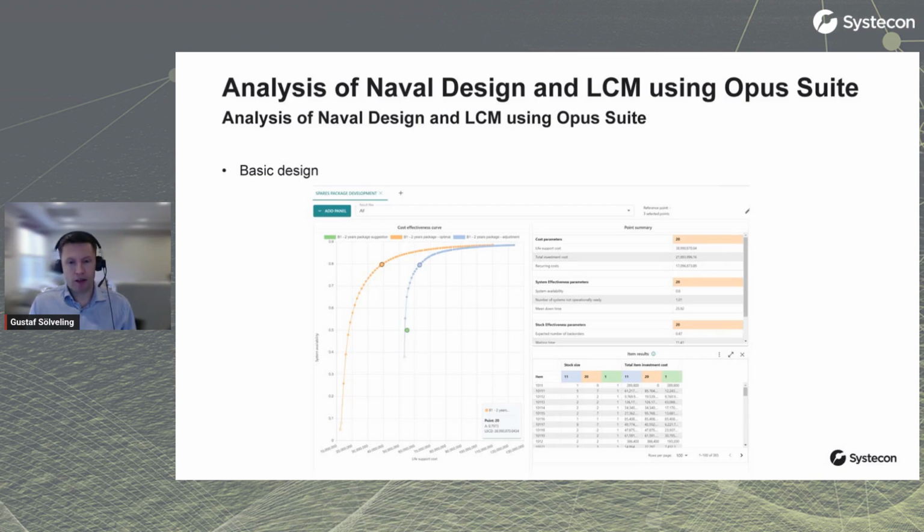And what I showcase in this specific example is a vendor recommendation of a spare parts package that they think could be applicable. You run that through the analysis and see that given my proposed operations and my setup, this proposed solution or stock suggestion shown in green here is not as good as promised.